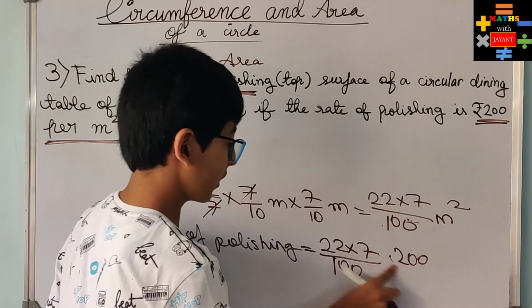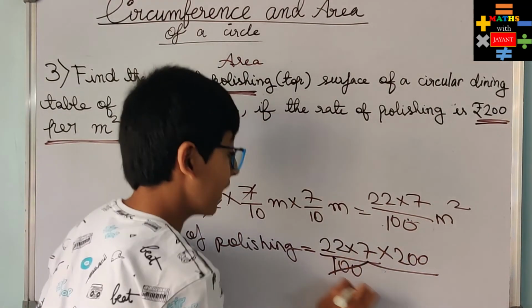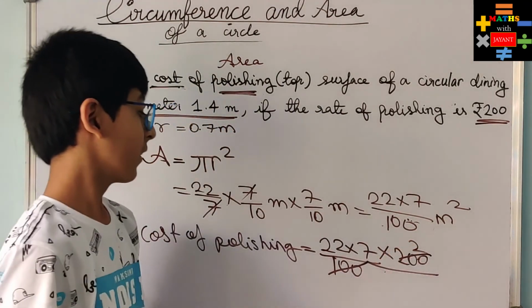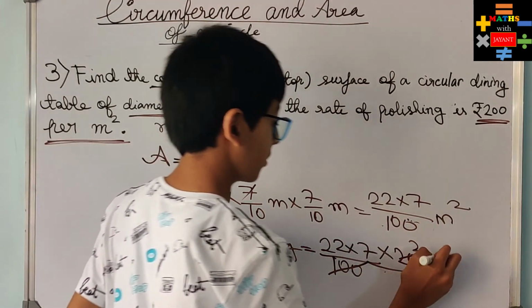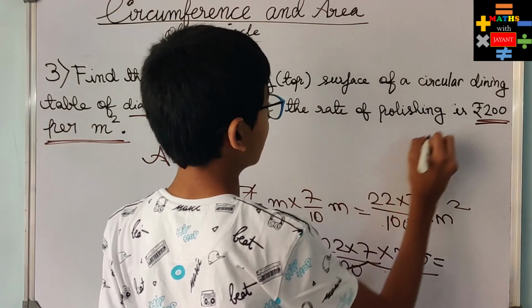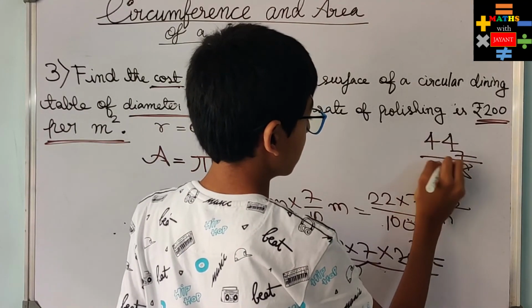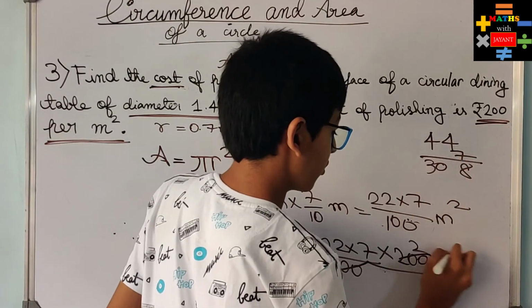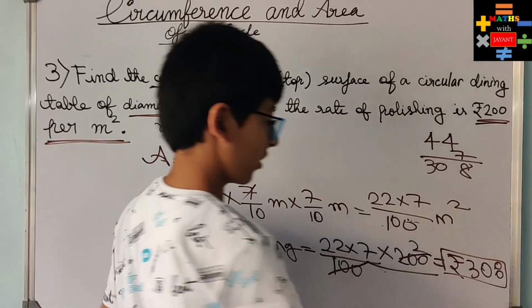Now this into 200 I could write in our numerator. 100 is 100, 200 is 200. So this becomes 22 into 7 into 2, which I could write as 44 into 7. 44 into 7 is 308. So this becomes 308 rupees, right?